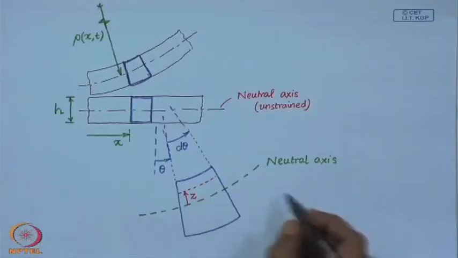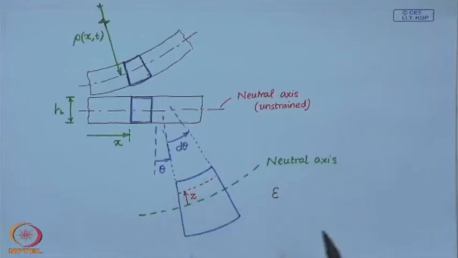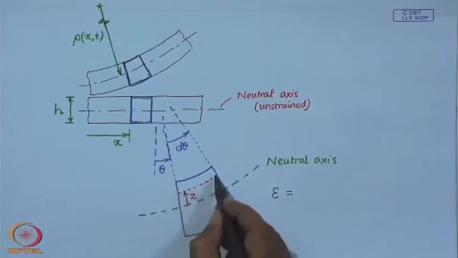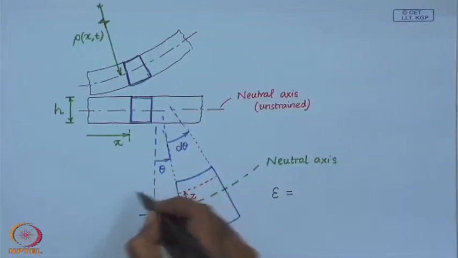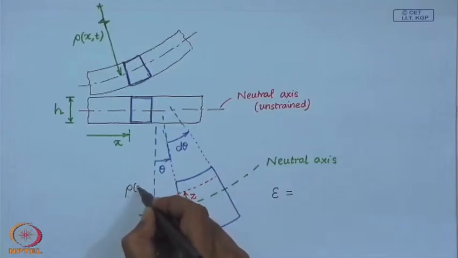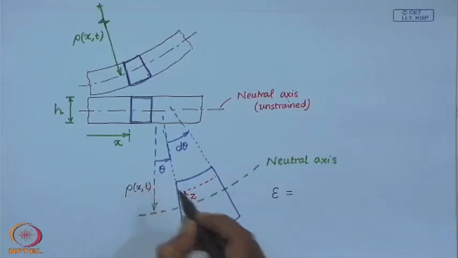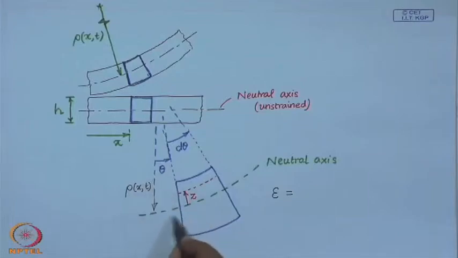Then I can write the strain as, so first I have to write the length of this fiber. Now, this radius of curvature is rho.